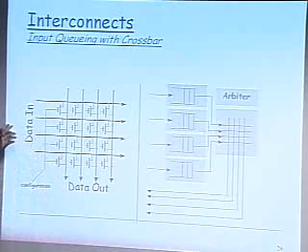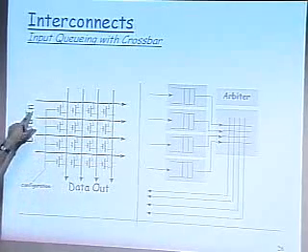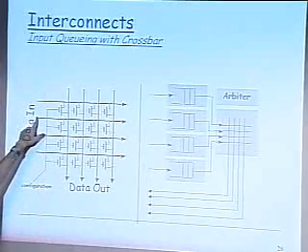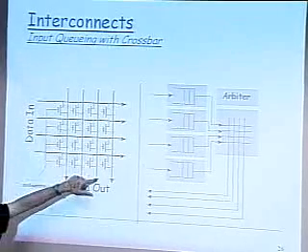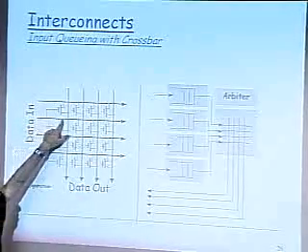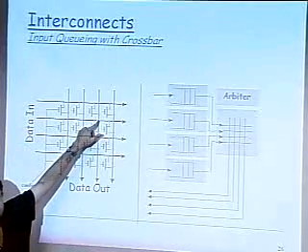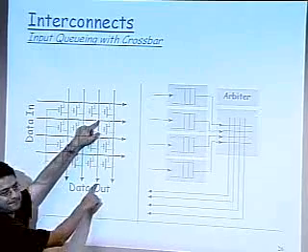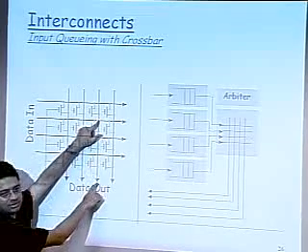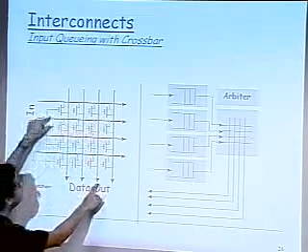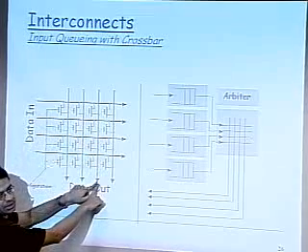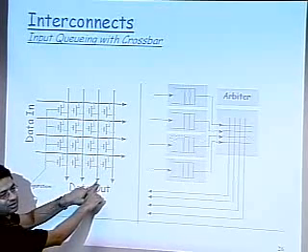So anytime you want to send data from a particular input port to a particular output port, you go along the row to the corresponding output port, and if it's free, then you're given access to this output port, and your packet can travel along this way.